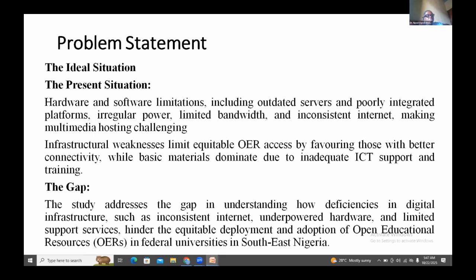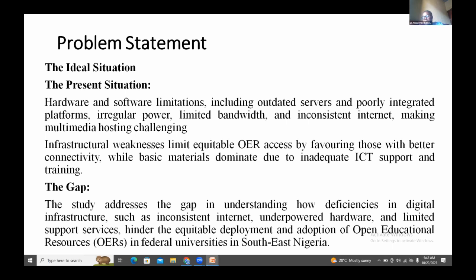But looking at the present situation, hardware and software limitations, including outdated servers, poor platforms, irregular power, limited bandwidth, and inconsistent internet facilities, challenge the hosting institutions in operating on open educational resources.